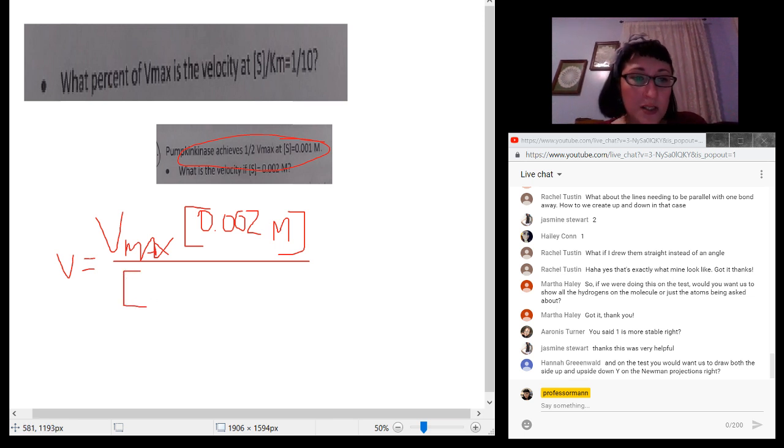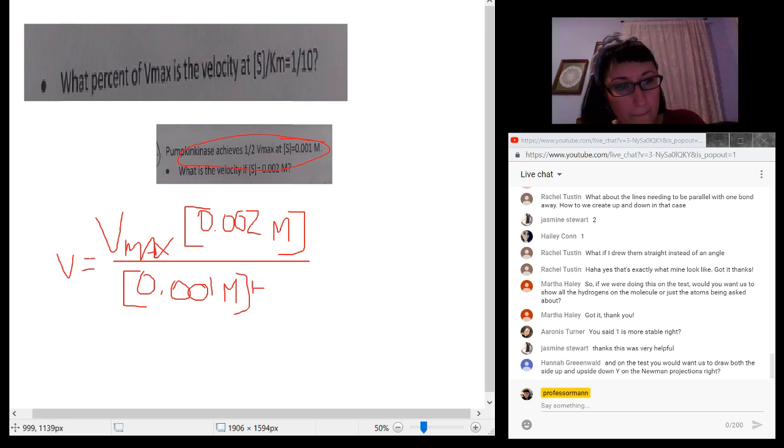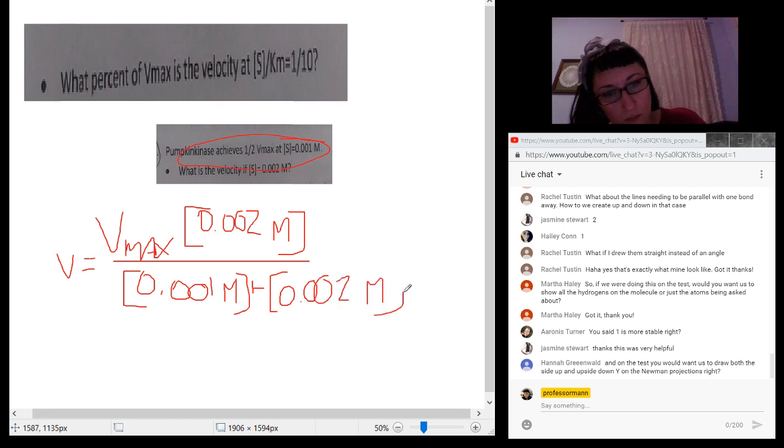And the Km in this case is 0.001 because that's the concentration at 1/2 Vmax, right? So let's see.